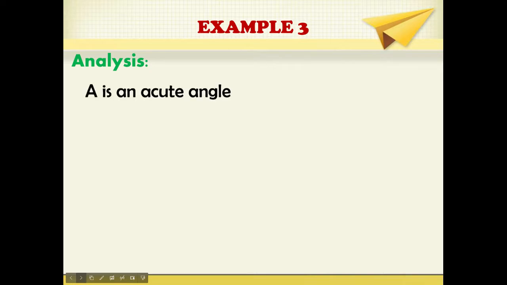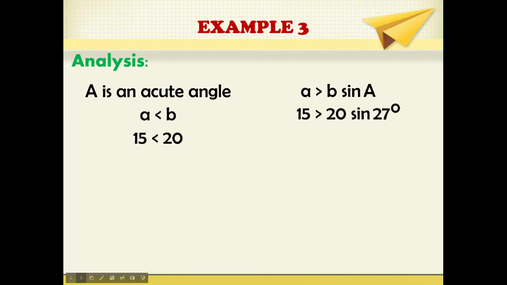Since A equals 27 degrees, angle A is an acute angle. Side a is less than side b because 15 is less than 20. Now a is greater than b sine A, since 15 is greater than 20 sine 27 degrees, and 15 is greater than 9.08.